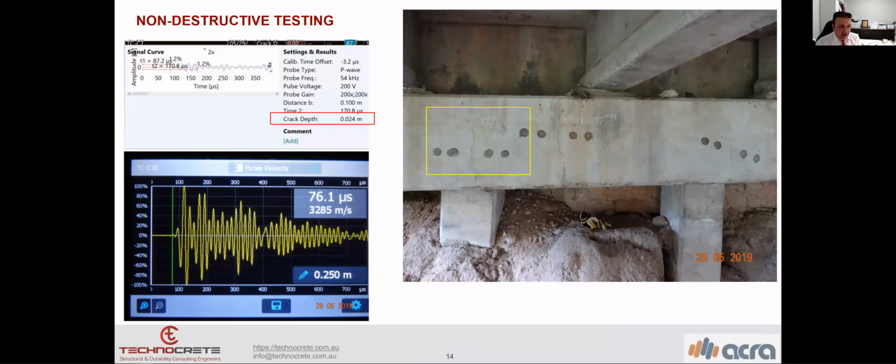Both of them. For non-destructive testing, we have to use high quality equipment, and that equipment should be calibrated regularly.